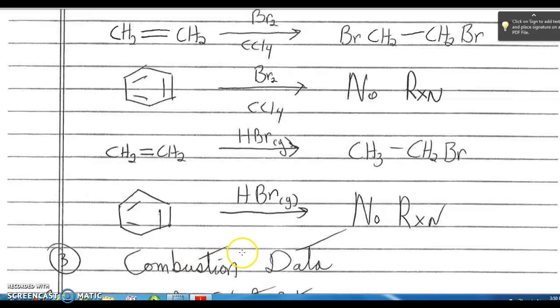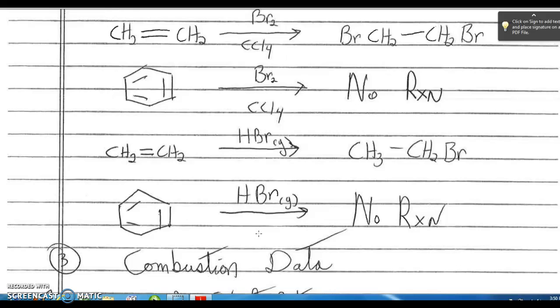There's also combustion data that I'd like you to read about. Benzene just doesn't seem to give off as much heat per mole as three separate ethene molecules would.